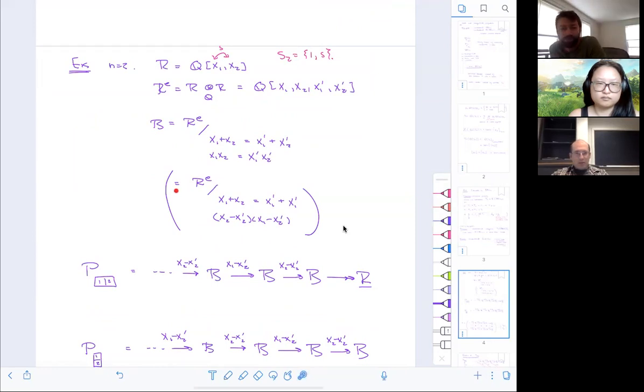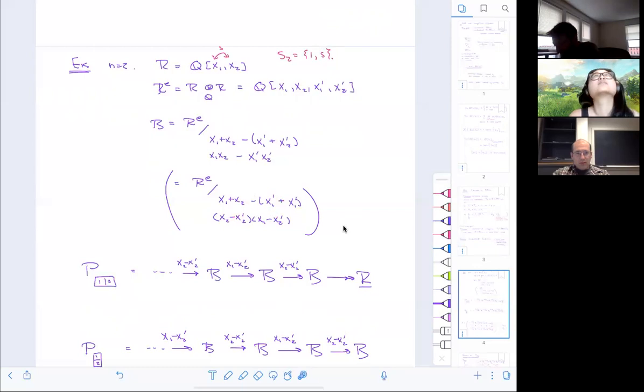You can maybe even do it in your head: show that the ideal generated by these two elements coincides with the ideal generated by these two elements.